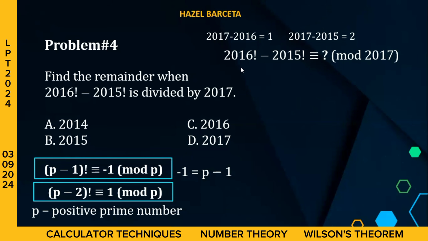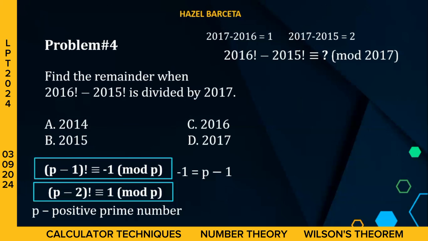Unahin po natin si 2016 factorial. Ang difference po ay 1, kaya ito pong first case tayo. So, we have 2017 for P. 2017 minus 1 is equal to 2016 factorial, which is congruent to negative 1 mod 2017, right?